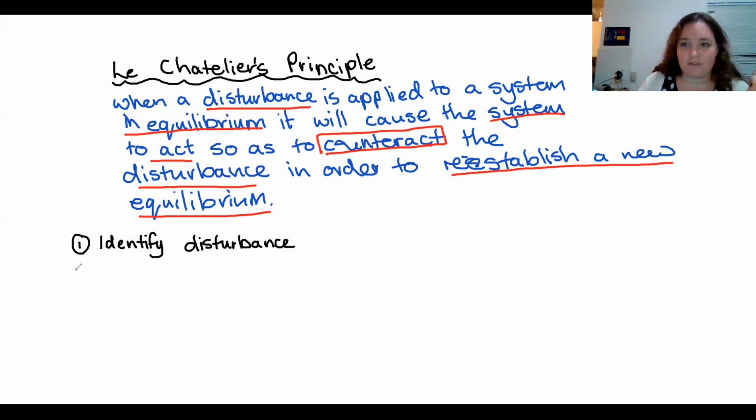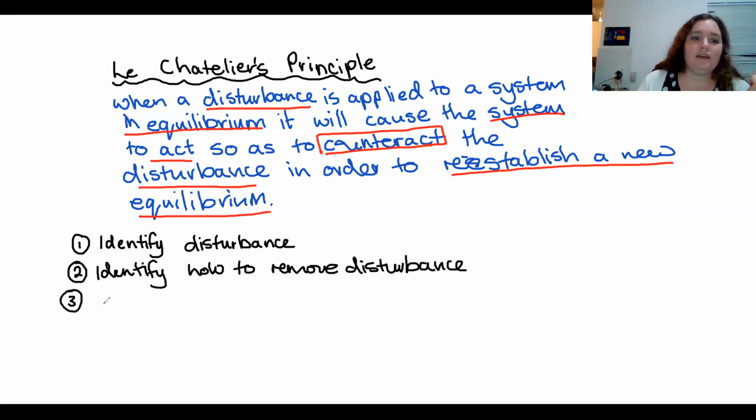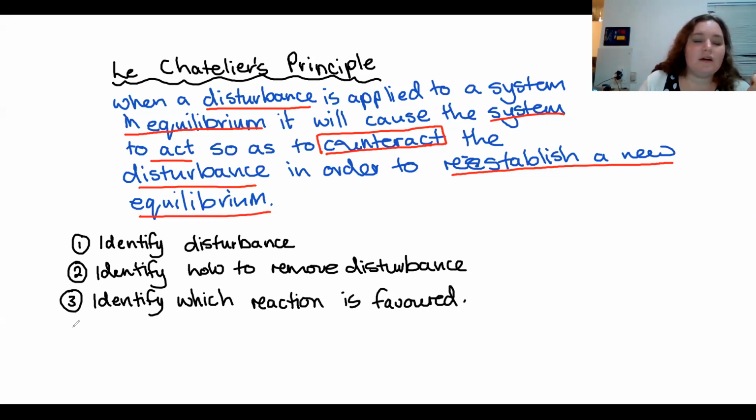So first step is identify the disturbance. Second thing is identify how to remove the disturbance. Third thing, identify which system is favored or which reaction is favored. And the last thing is to answer the question.